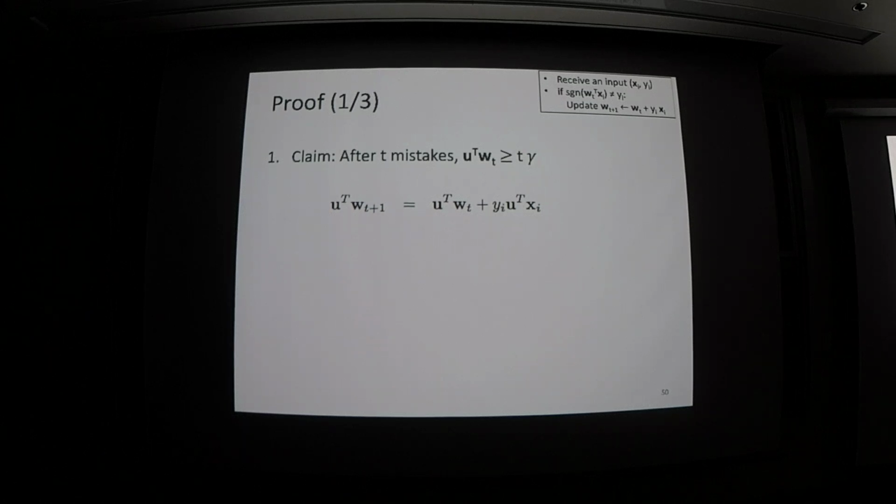If you don't make mistakes, you don't update. So you make the first mistake, you get the first update, so you use W1. And you keep looking at the sequence of examples until you make the second mistake. Then you get the second update, so you index it as W2. That's why we can use Wt to denote the current weight vector, because W has just been updated t times.